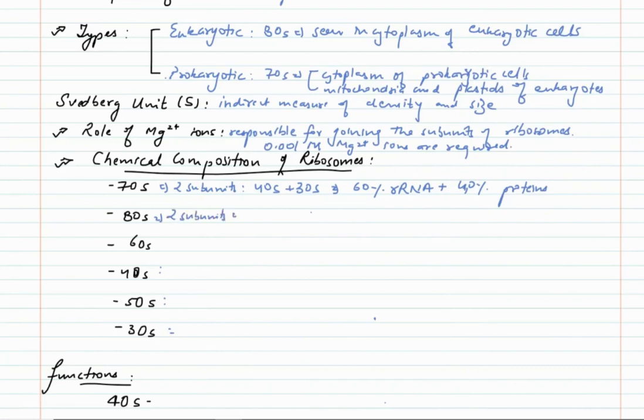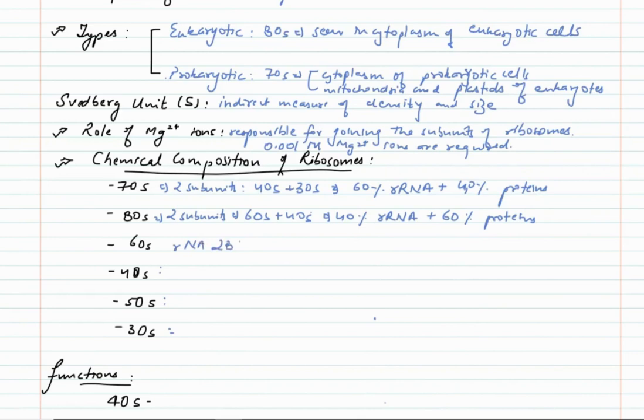The 80S ribosome has two subunits, namely 60S and 40S, and it is made up of 40% ribosomal RNA plus 60% proteins.